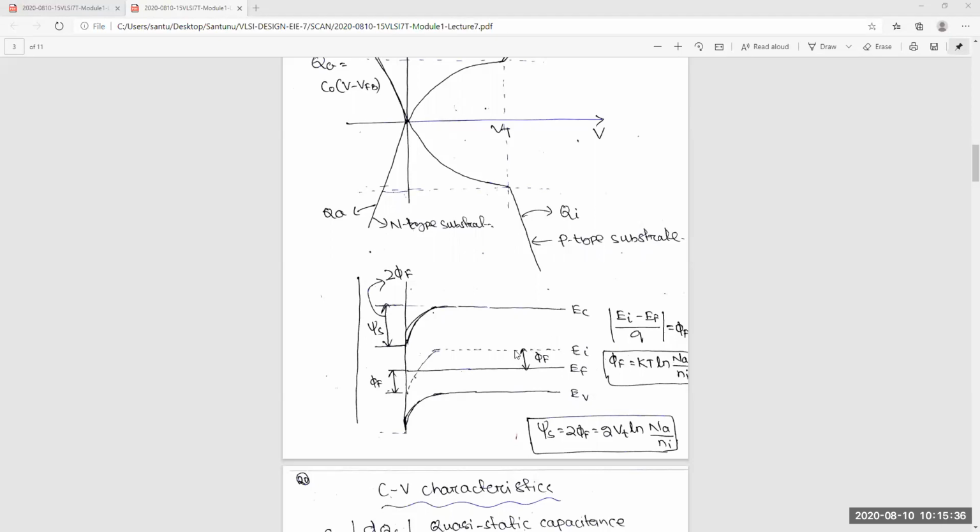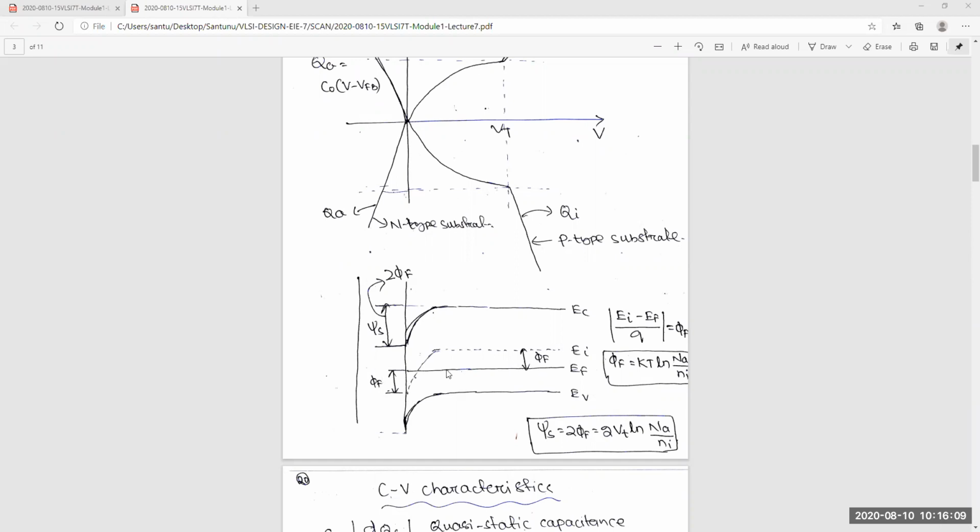Now see what happened. At this surface the band is going down, and this part is phi f also. So in total it has moved the distance of this part plus this part, that is 2 phi f. If you calculate from the bulk to the surface, this part is phi f and this part is also phi f.